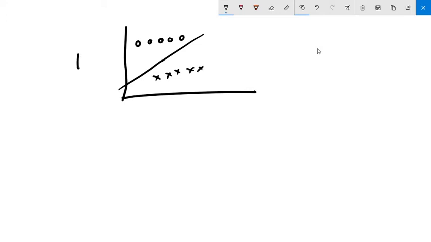This x-axis is the input and the y-axis is probability. So in this case, you can see that we cannot use a normal linear regression model on binary data. The nature of the data is binary. So all these circles are on one side, these crosses are on another side.